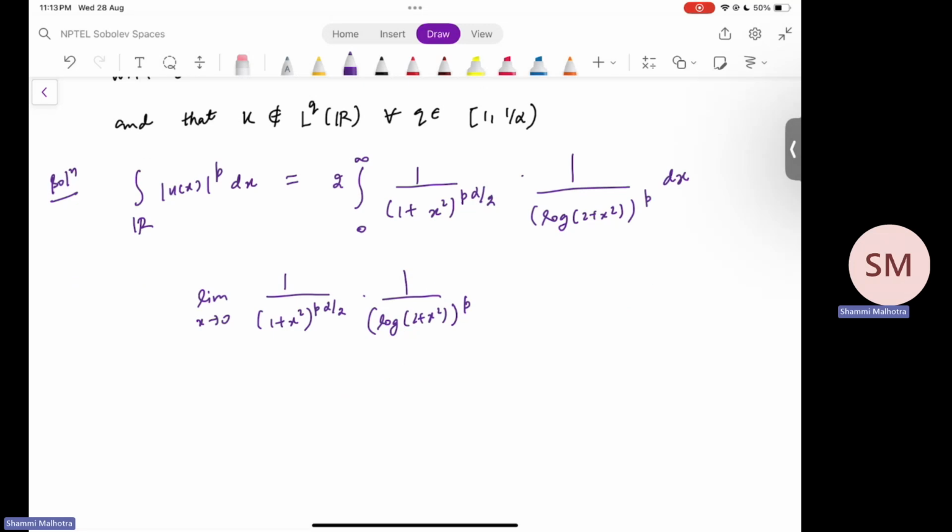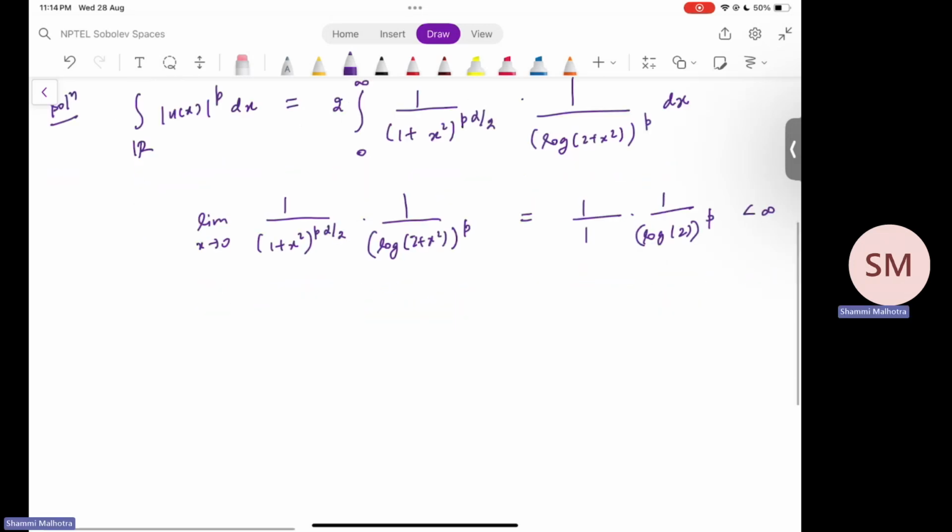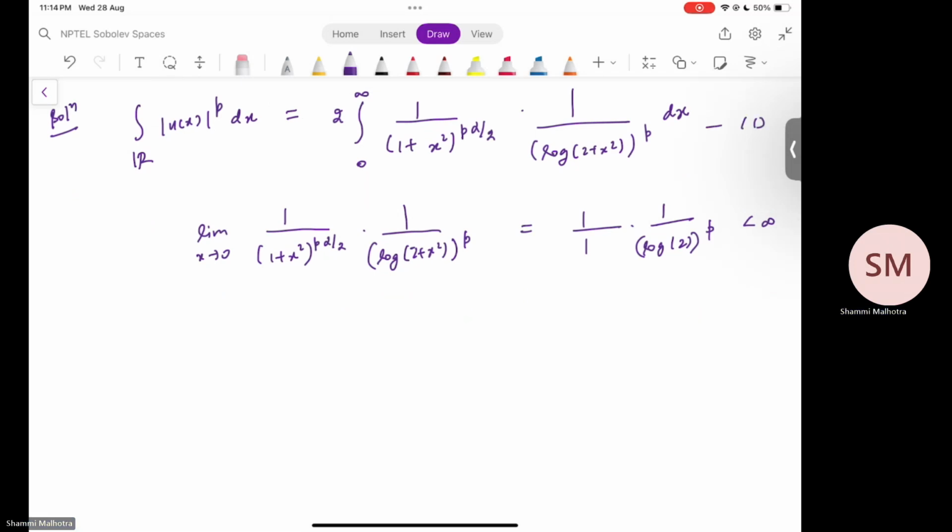This limit is nothing but 1 upon 1 into 1 upon log 2 raised to the power of p, which is a finite number. So the limit exists, and the integral in one converges if and only if the following integral converges.